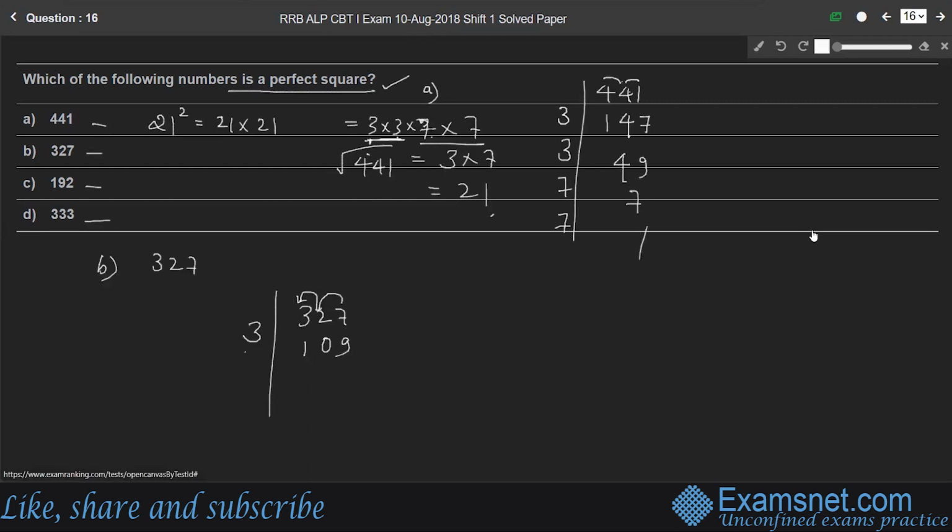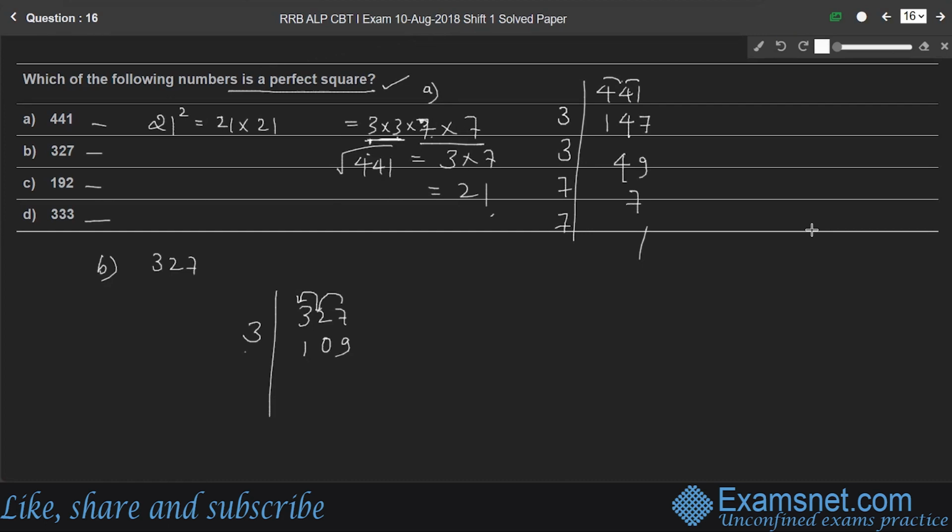Right? Now you can consider the remaining odd numbers like 7. 7 into 10, 70. And 39 is the remainder, which is not divisible by 7. Right? So you can go for 9. 109 is not divisible by 9. Next, go for 11. No. 13. No, 109 is not divisible by 13.